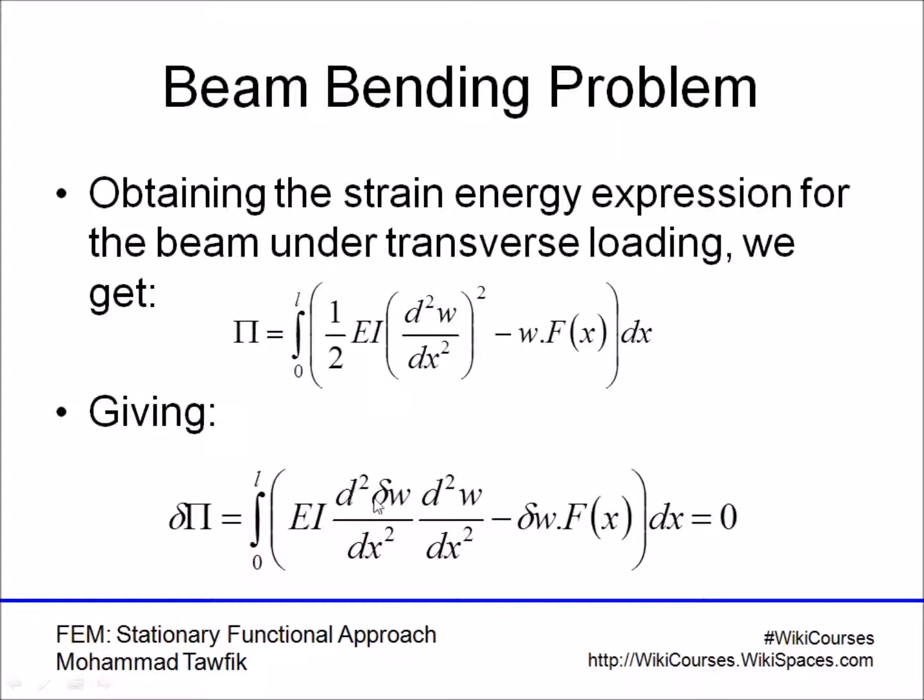So we simply take the variation symbol inside the derivative to get the second derivative of the variation of w multiplied by the second derivative of w. Now what we have here is the variation of the total energy of a beam in bending.